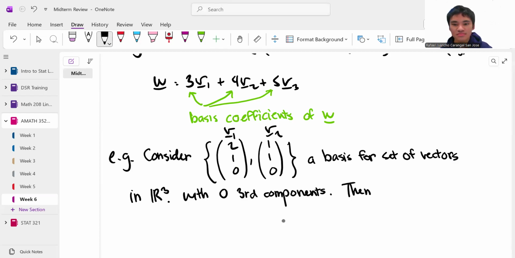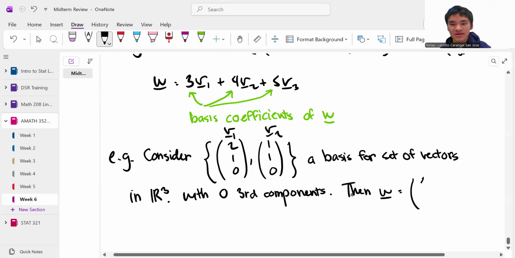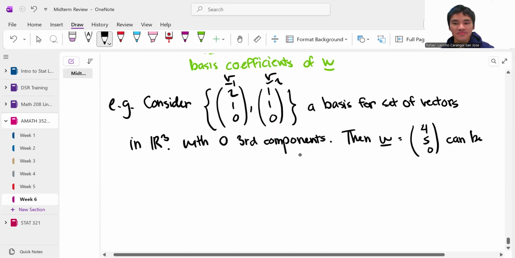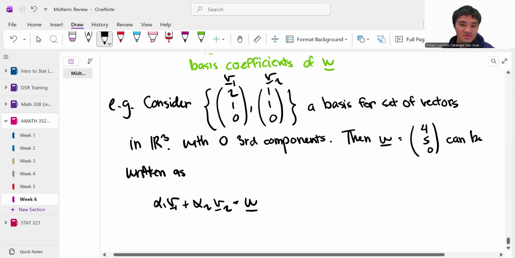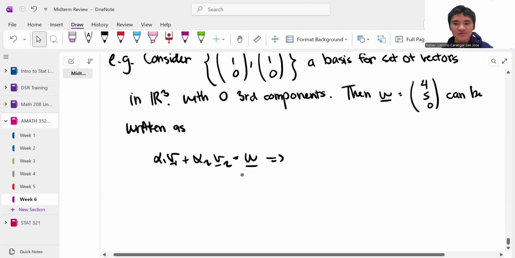Then this W, say we have (4, 5, 0), can be written as alpha 1 V1 plus alpha 2 V2, which is equal to W. Now we find these alphas, right? So we can actually just convert them to a linear system. It's fine, I don't want to do any more linear algebra stuff.